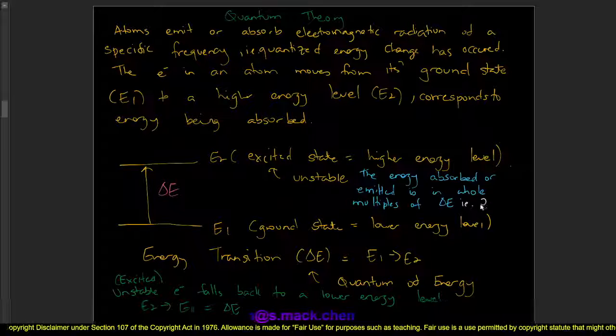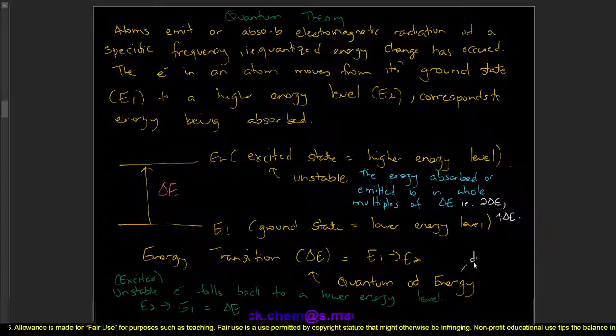So it will be like 2, or we could have something which is 4 times the amount. So there's not a fraction of an energy. This is why it's called a quantum of energy. It's a quantized energy change. It's a discrete, right? So it's a discrete amount of energy.